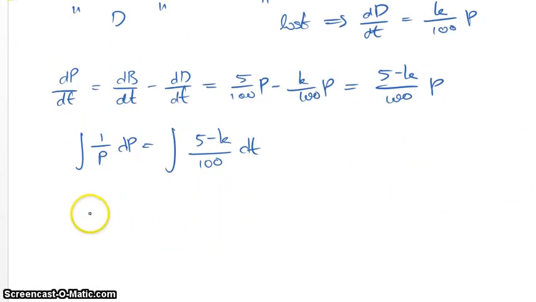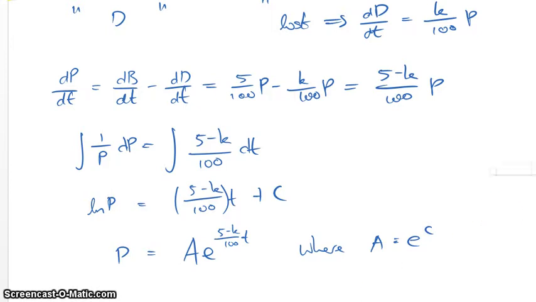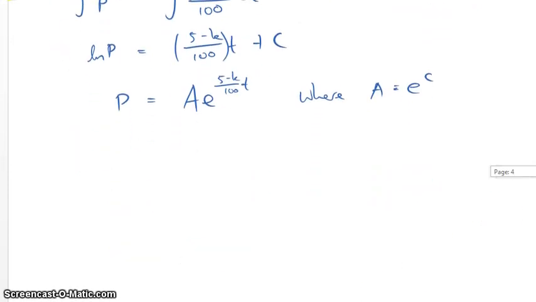So solving this, we get ln P is (5 minus k) over 100 t plus some constant. Then P is equal to A e to the power of (5 minus k) over 100 t, where A is e to the power of c.